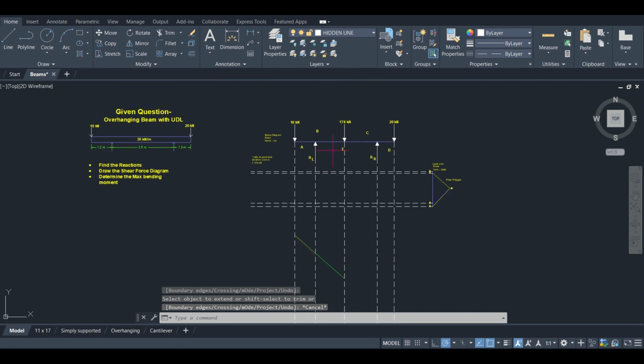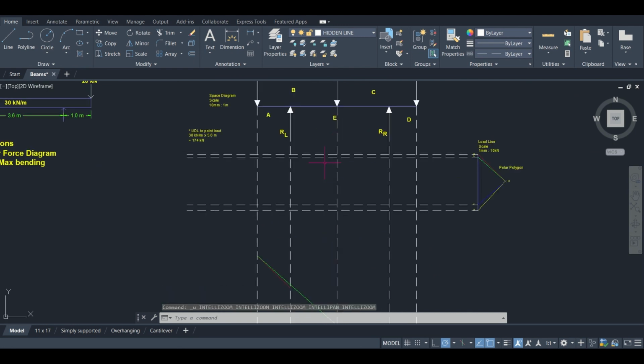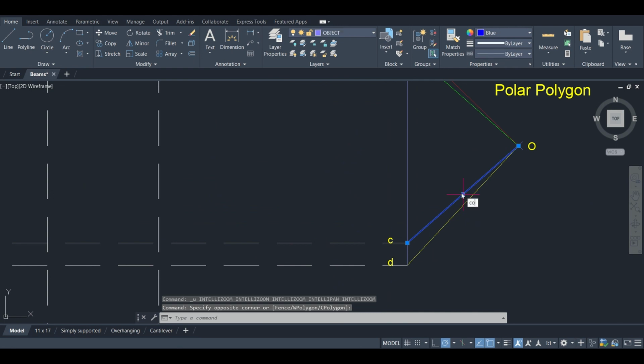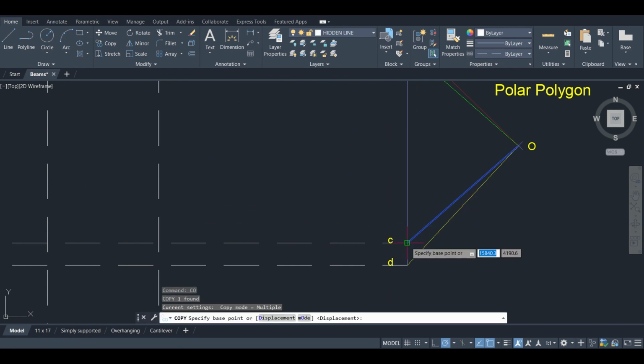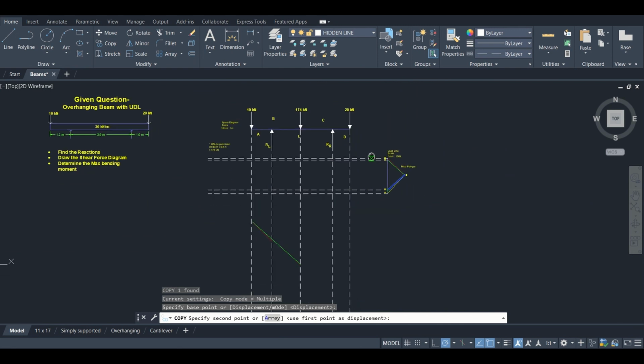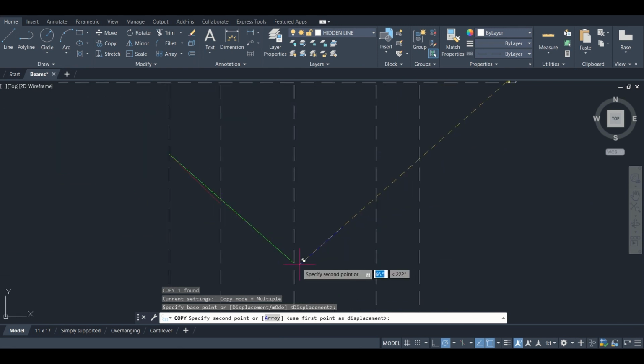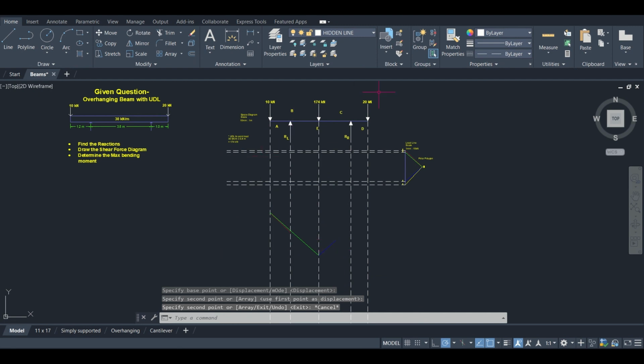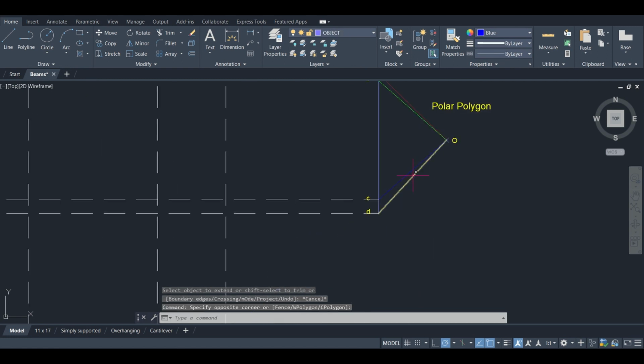And B goes over to that point. Next, we're taking C. So once you follow the principle, each line from the polar polygon is covering the space. Once you do that, you cannot go wrong. I don't think this blue is showing so well, so let me change the color.